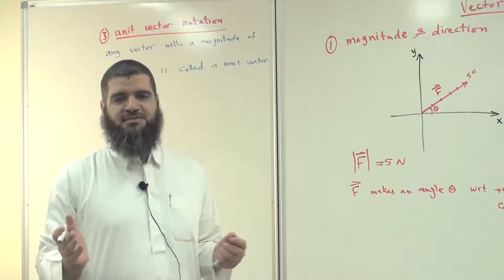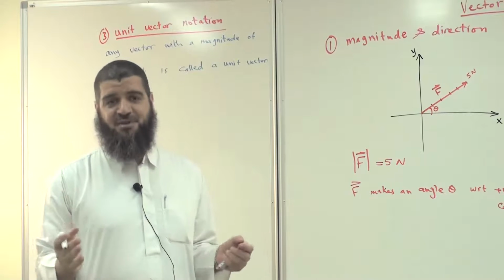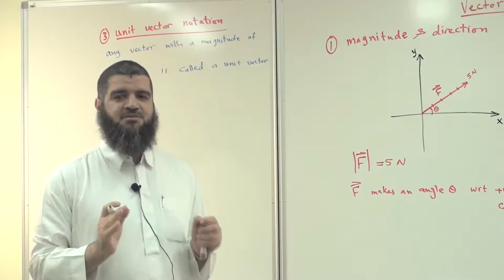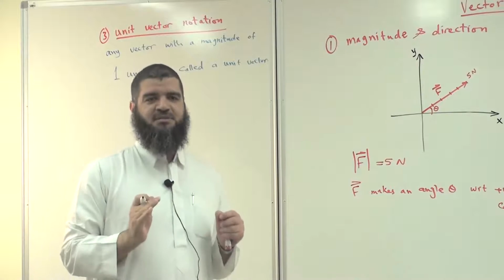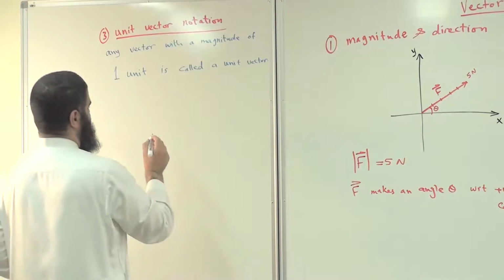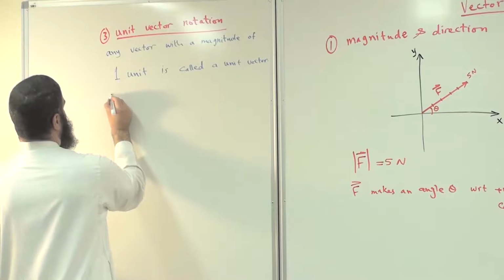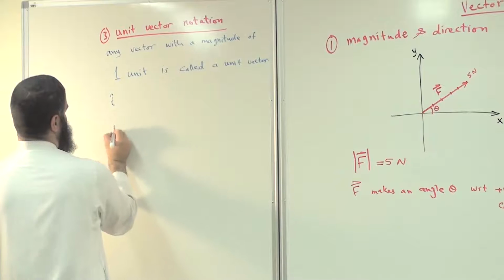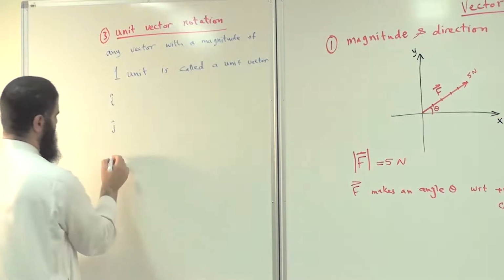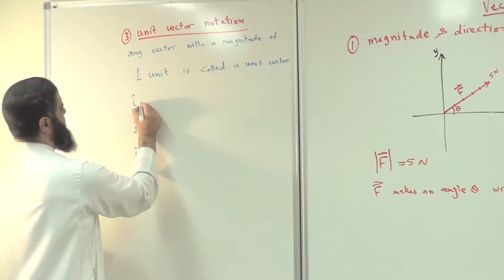Okay, so as you might guess, we have an infinite number of unit vectors, but we'll focus on 3 very important unit vectors. Those unit vectors are the i unit vector, j unit vector, and the k unit vector. What is the i unit vector?